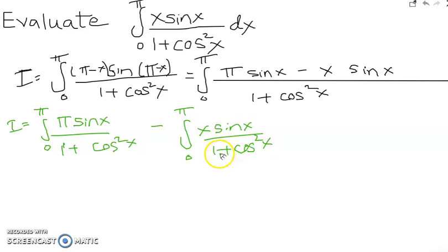This entire value is what? I. This is the question only, no? I we have taken, no? I is equal to this. So minus I. Minus I on that side means what will happen? Plus I. I plus I, 2I.